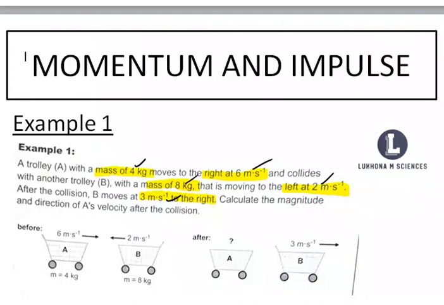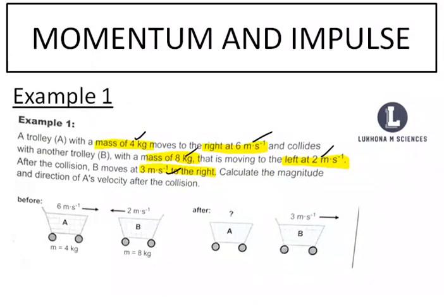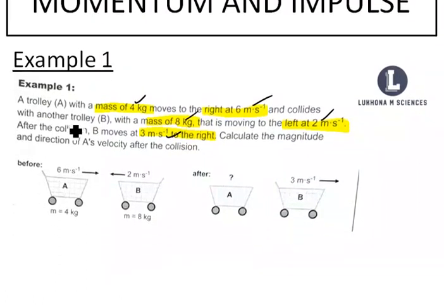We have the diagram here that makes this very easy. So we have before collision and after, which means here we have final, here we have initial, right? So these are initial velocities. It is very nice because we are given the directions.